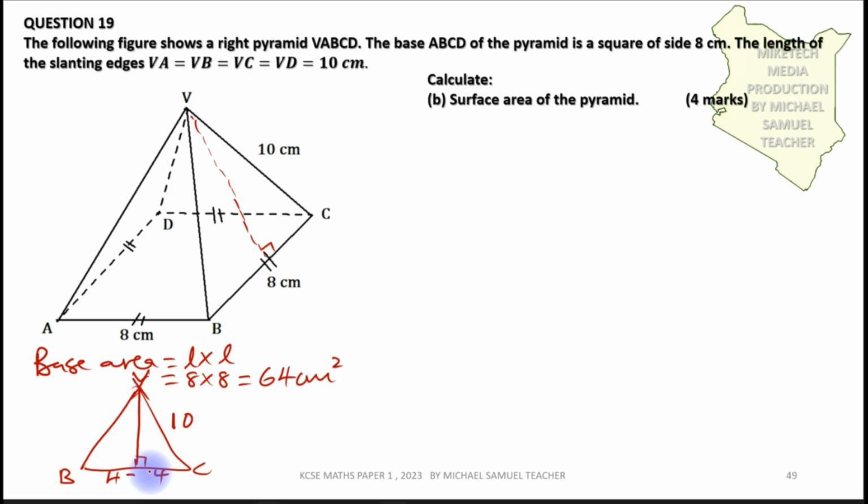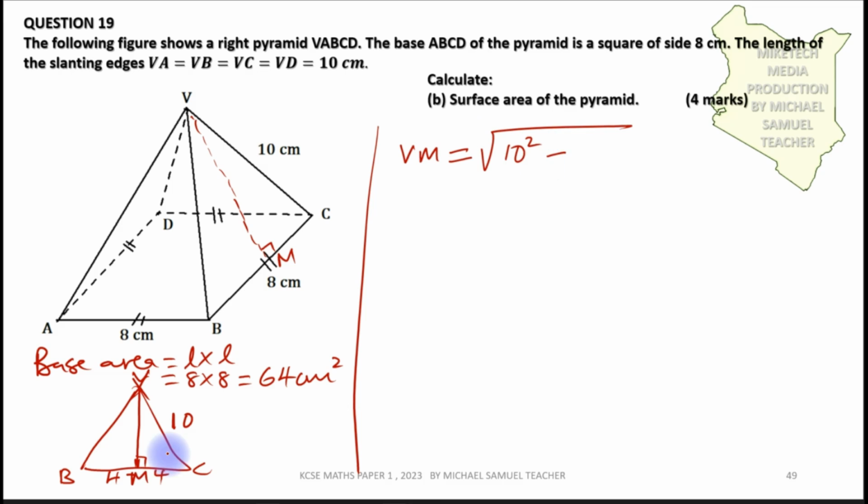So I can use Pythagoras theorem and I'll be able to get it. Let me say this is M. So VM will be equal to the square root of 10 squared minus 4 squared.